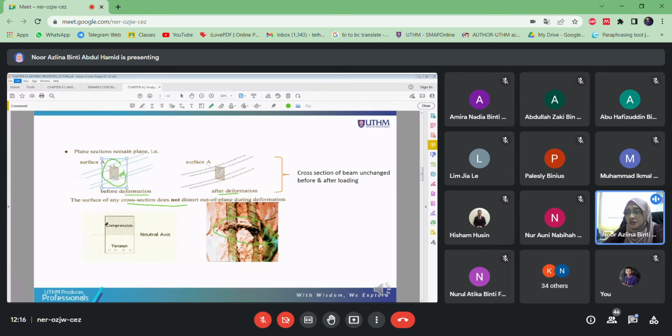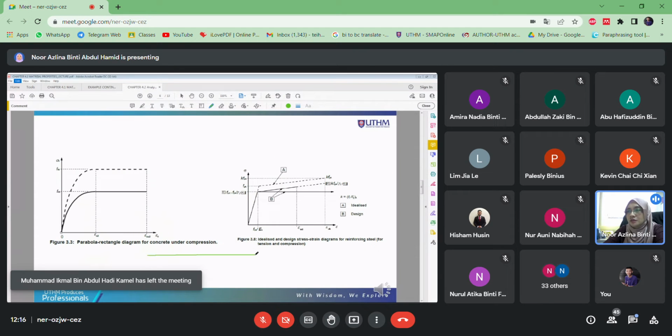Before deformation, it still has a compression and tension which exists. After deformation, at failure or anything, it's still the same plane surface. Okay, so this is the stress curve.